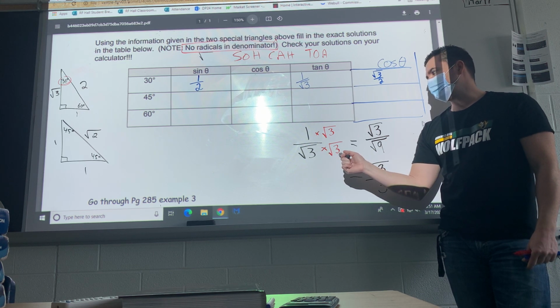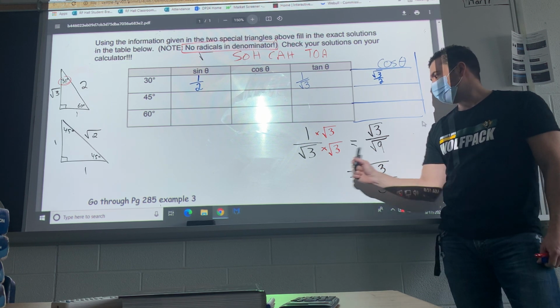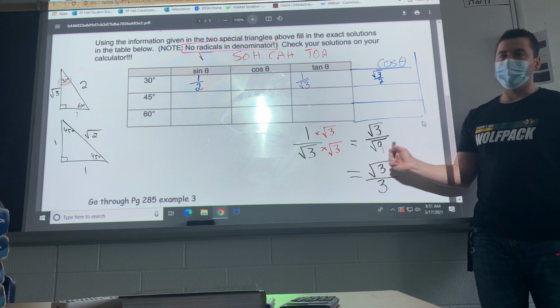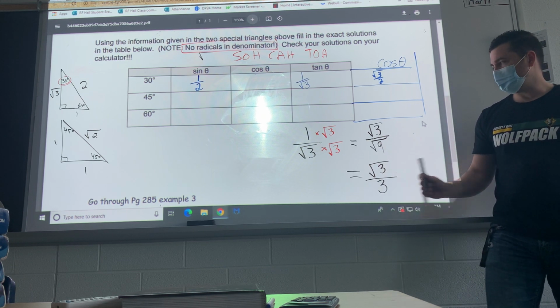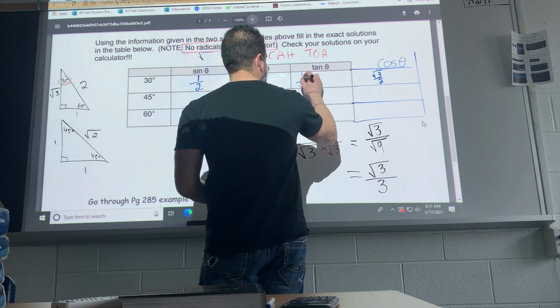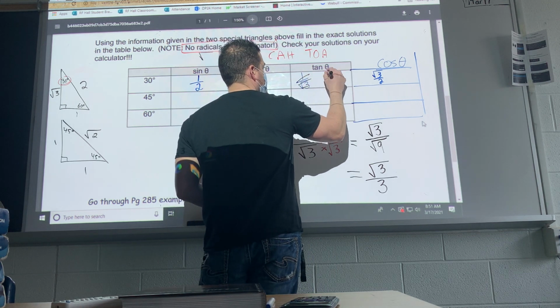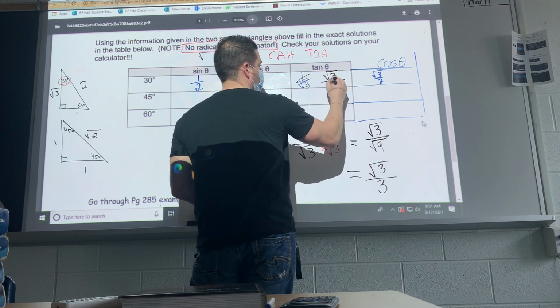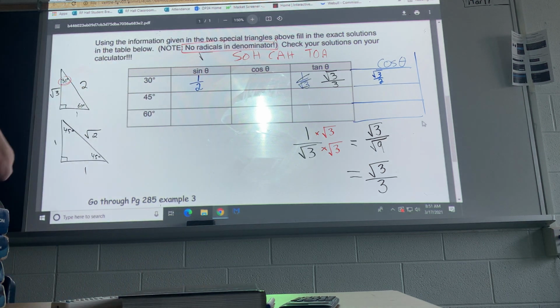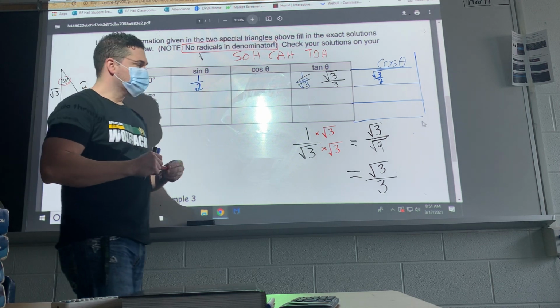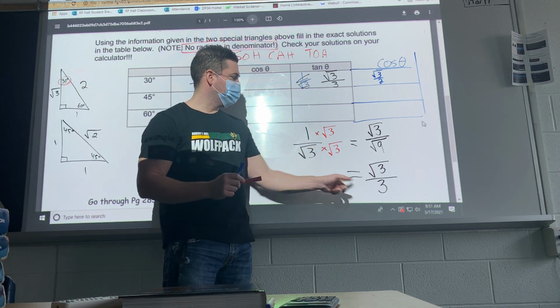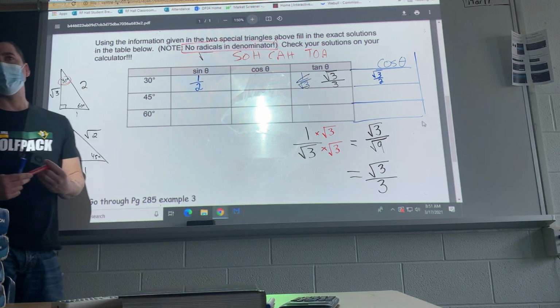Root 3 times root 3, you multiply the numbers together, you get 9, and now you can square root 9 nicely. So our tan 30 is actually root 3 over 3, or tan 30. It kind of looked like it was flipped, except we still have a number in the denominator.